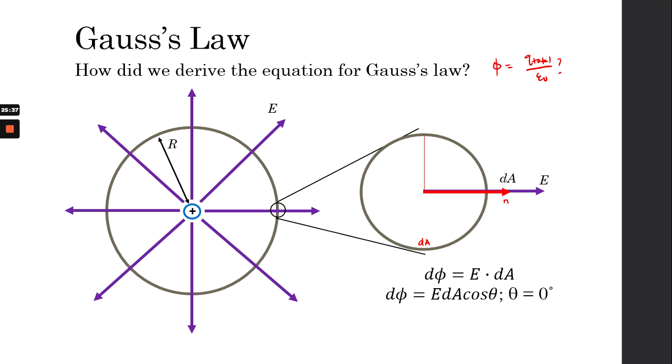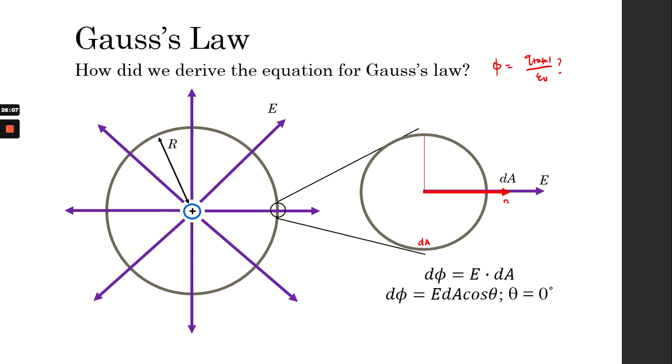So the differential of the flux, again, the flux that is happening on just this small surface, is equal to EdA cosine theta. And interestingly, since you have no angle between these two, because this is an enclosed surface, the direction of the electric field will always be parallel to the direction of your normal vector, which is the differential of the area.